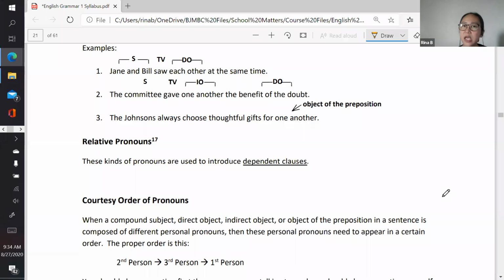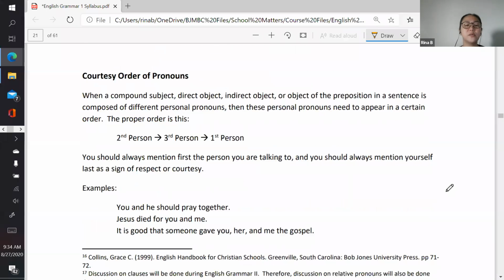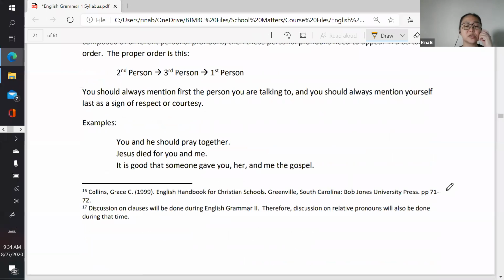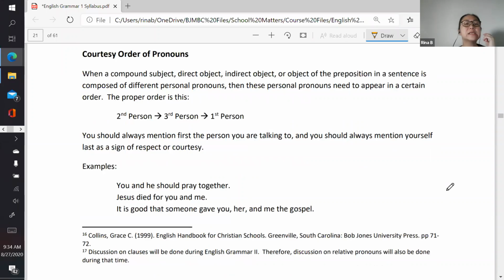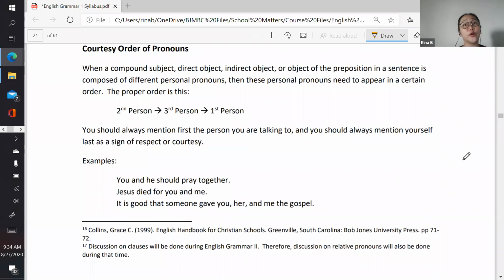And the last thing that we want to remind ourselves when we talk about pronouns, and then we'll have some exercises, is the courtesy order. If in a sentence you are using three pronouns, you, I, and him, for example, or you, I, and he.